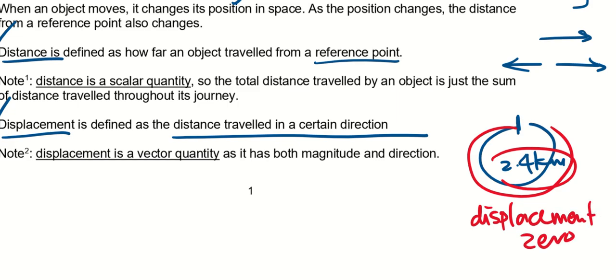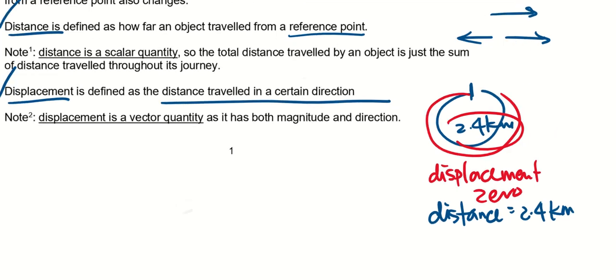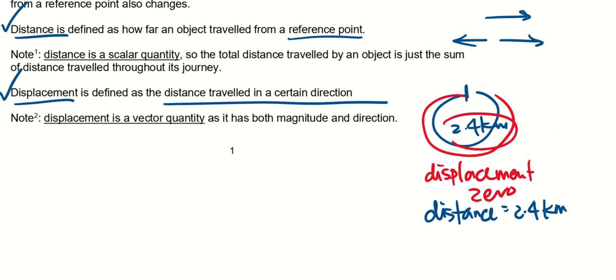But the distance is 2.4. You get the idea? So for distance, you don't need direction. You have covered it, that's it. But for displacement, you need to see where you start from and how far you are from there.